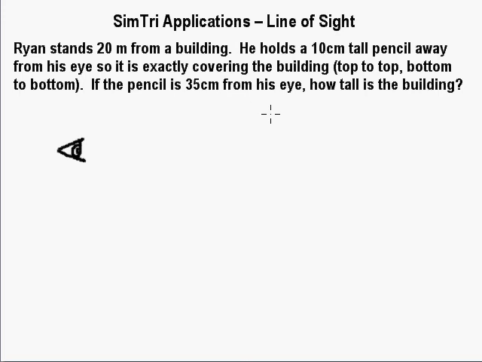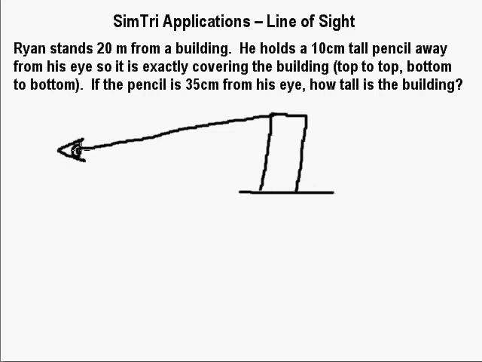It's coming from this building. So we'll draw a building here. I don't know how far away this building is, but he's holding out a pencil so that he sees just over the top and just to the bottom of this pencil. So the pencil might be, say, there. That's what's going on.